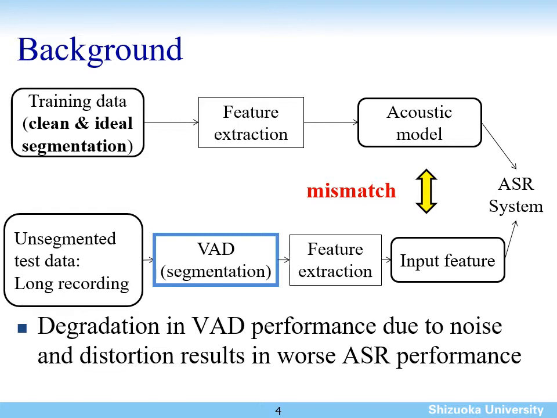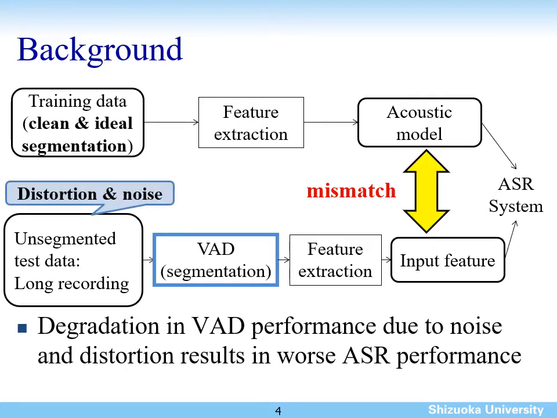But extracted features using estimated segments cause mismatch. This mismatch grows larger if there is distortion and noise present in this test data environment due to more inaccurate segmentation. Therefore, we carried out this research to deal with segmentation problems in such situation.